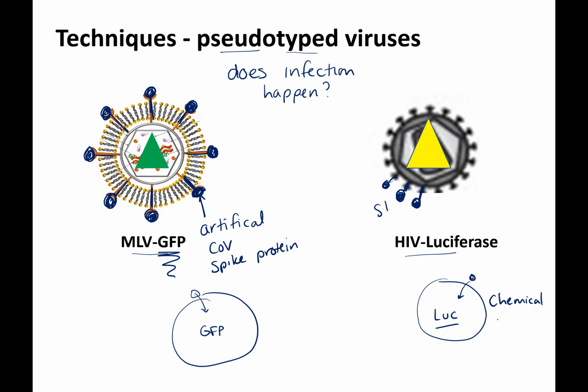It's very sensitive to low levels of expression, or GFP is used by the FACS flow cytometry. So the whole time, whenever you see that they're using pseudotyped viruses, the point of this is to see if infection happens.